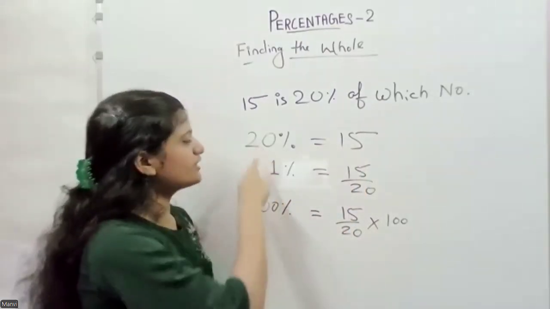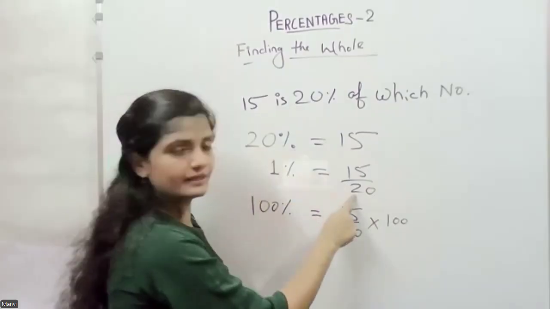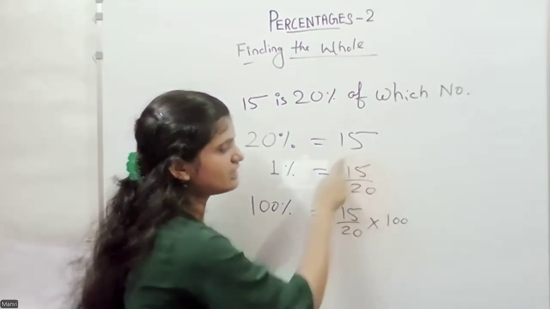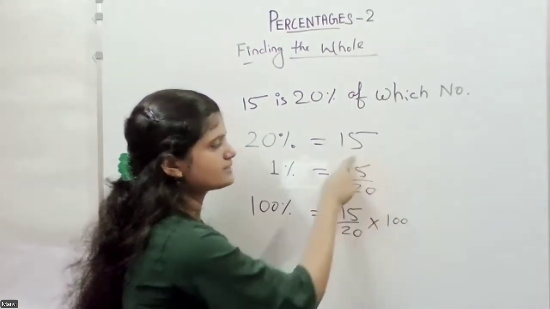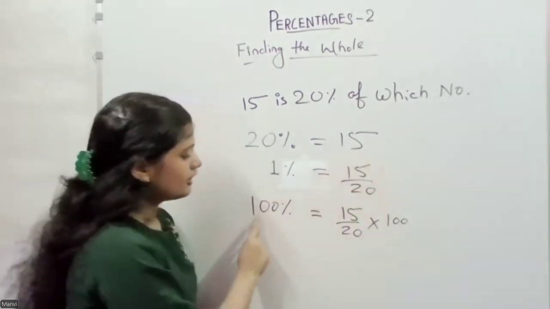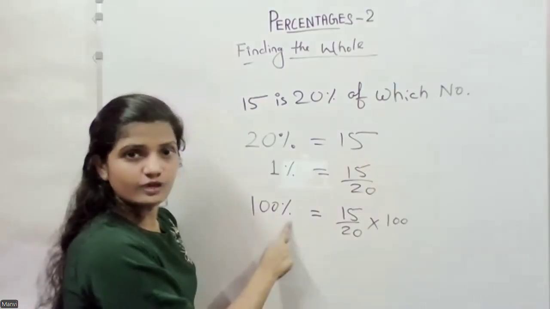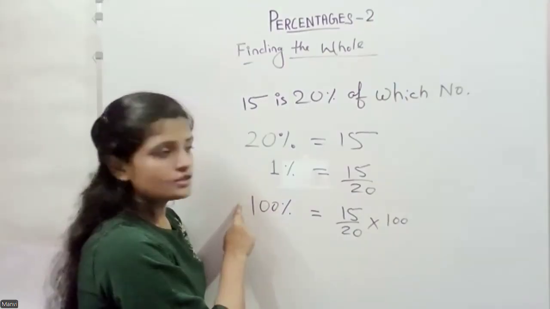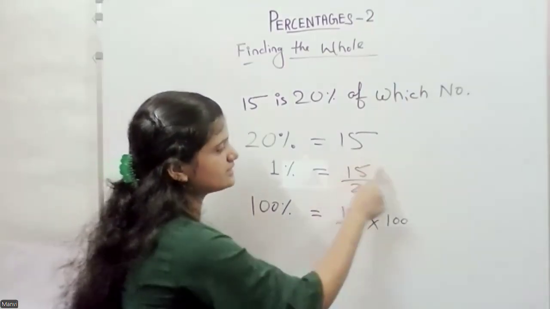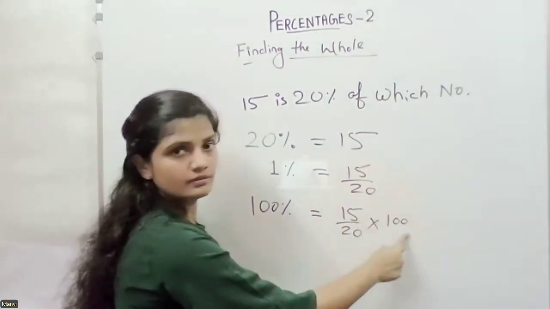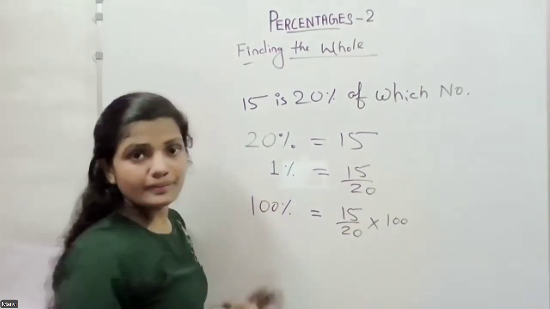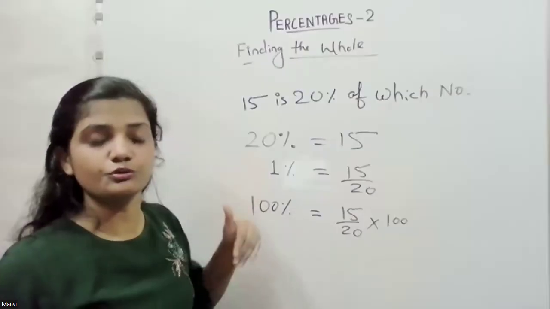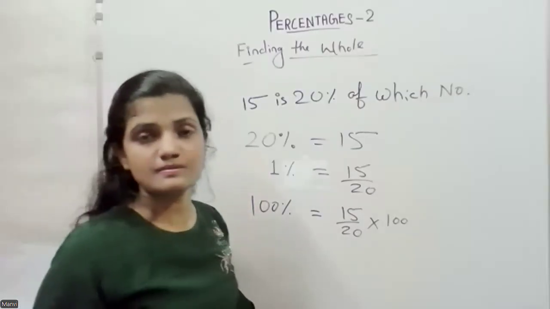As 1 is smaller than 20, that's why we are dividing. So this is the value of 1%. Now we need to find the value of 100%. This 100 is bigger than this 1, so we times this 1% with 100. Please understand it, not learn like what we need to do next.